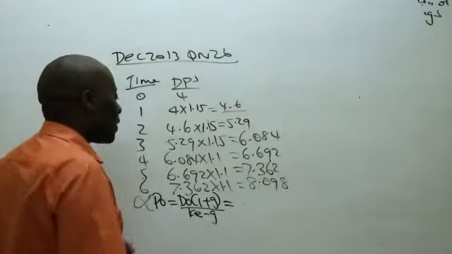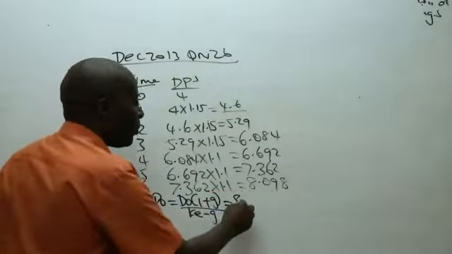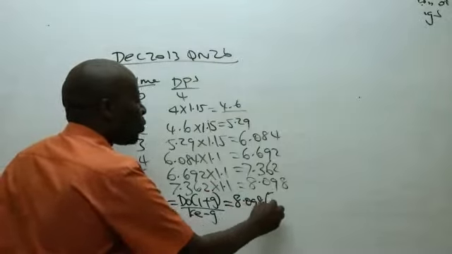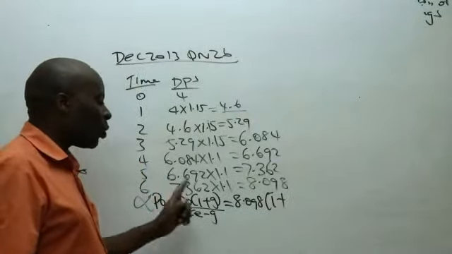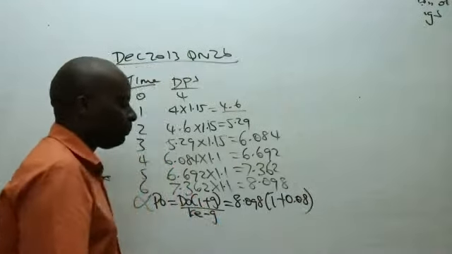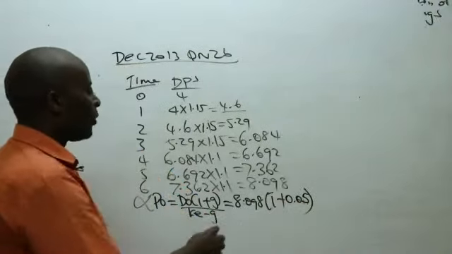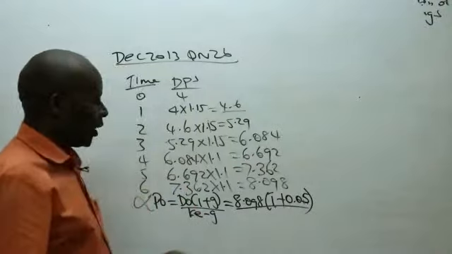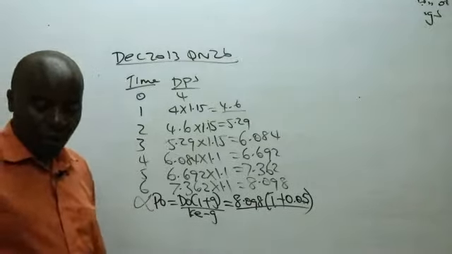Therefore, our most current dividend that we have, ladies and gentlemen, is 8.098 into 1 plus the perpetual growth rate. The perpetual growth rate that this examiner has given us is 0.05, all over the cost of equity. In the case that the cost of equity is not given, always use your cost of capital.